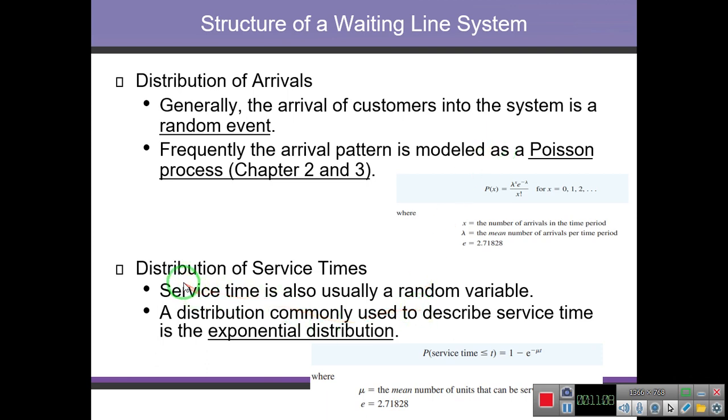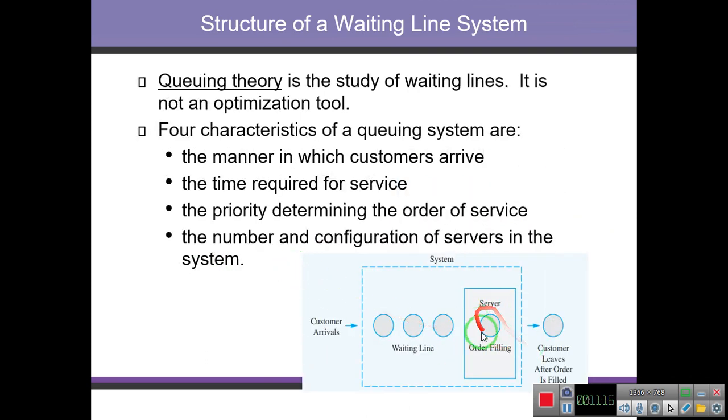And then there's the distribution of the service times, the time that it takes to actually serve you. So I'm talking about being here, right? You are waiting in line at the supermarket. Now you got your stuff on the conveyor belt. Now you're being served, right? That's what I'm talking about.